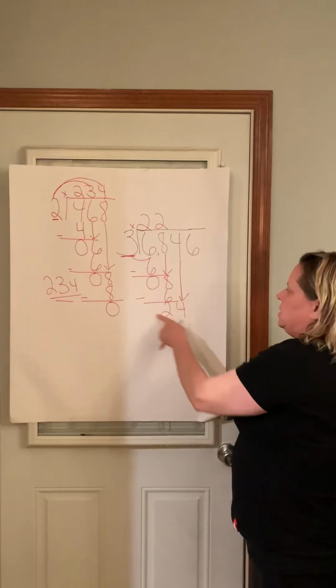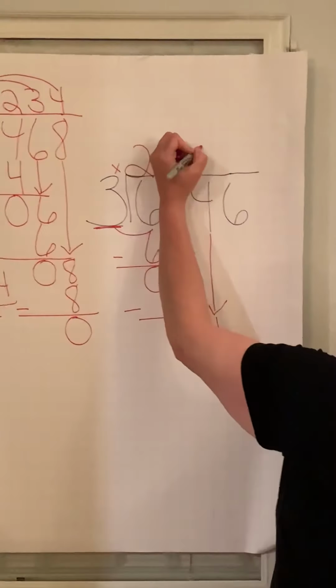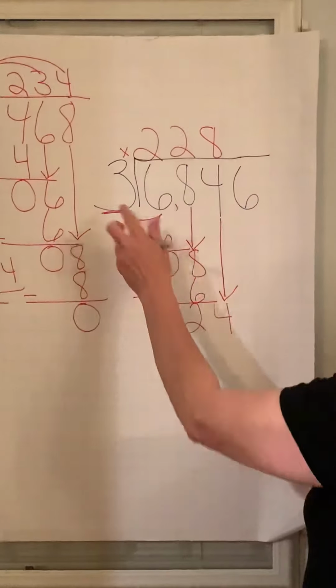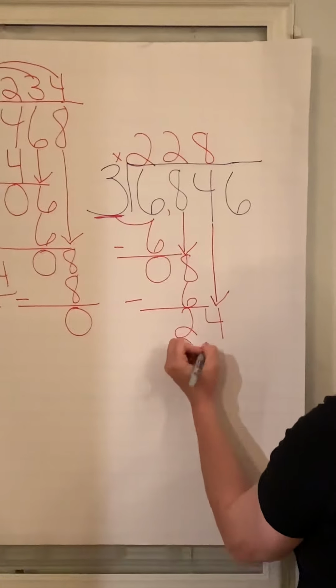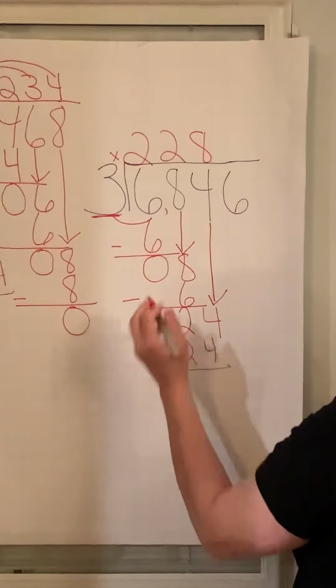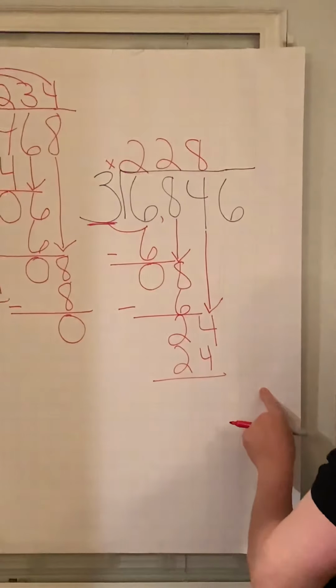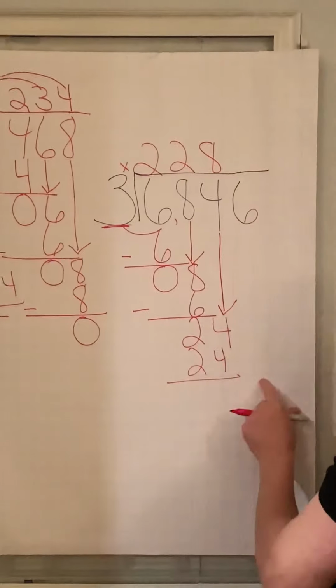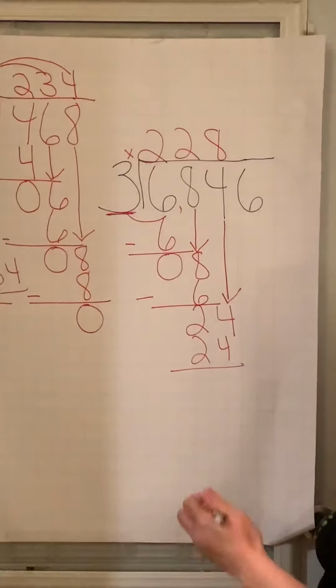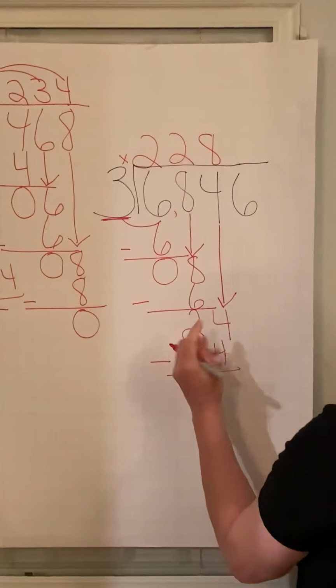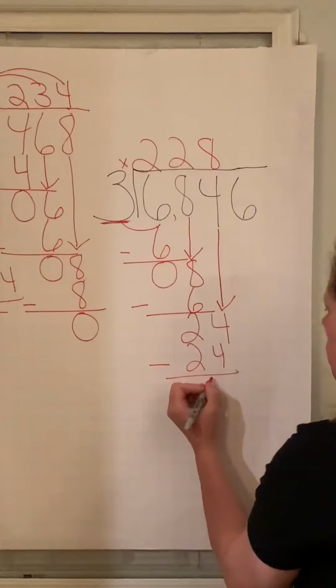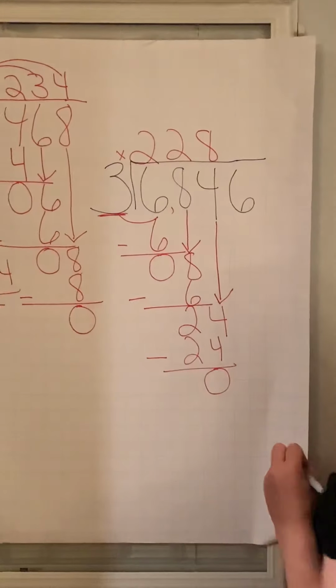How many 3's in 24? We know 3 times 8 is 24. Okay? If you have to, you can do a column with your math facts with all your 3's until you find a number close without going over. Again, we subtract. 24 take away 24 is 0.